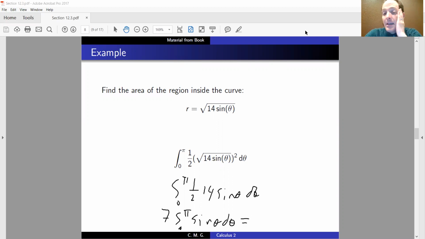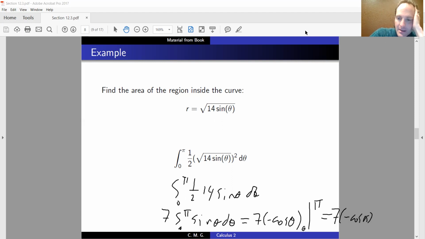Now I integrate, and the antiderivative of sine is negative cosine. So I get 7 times negative cosine theta evaluated between 0 and pi. So plugging in here, I get 7 times negative cosine of pi minus negative cosine of 0.